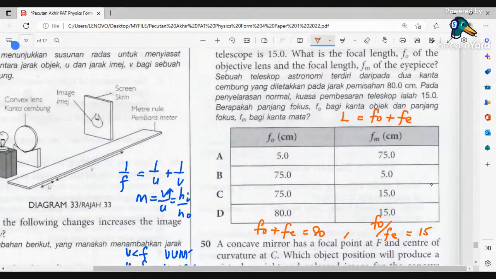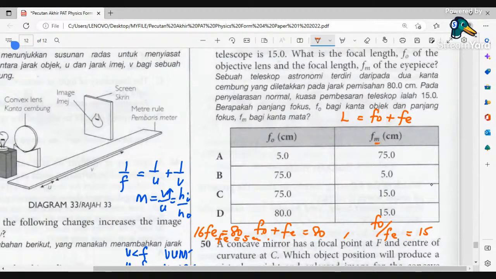Okay, sekarang kita buat just secara matematik. Okay, buat gantian dan sebagainya. FO ialah 15 FE. Ganti sini. You dapat 16 FE ialah 80. So you dapat FE ialah 5 cm. Okay. FE dia 5 cm. FE tu FM lah.